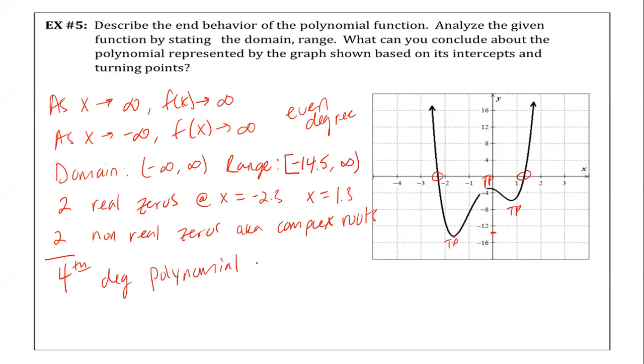So it's a 4th degree polynomial with how many turning points? 3 turning points. That's how you summarize a graph. That's a full summary and analysis of your graph. Terrible or doable?